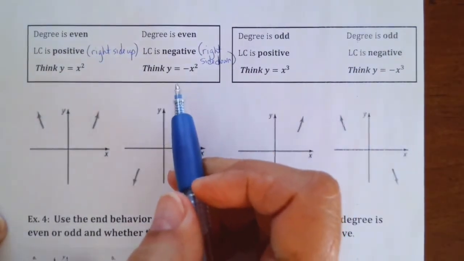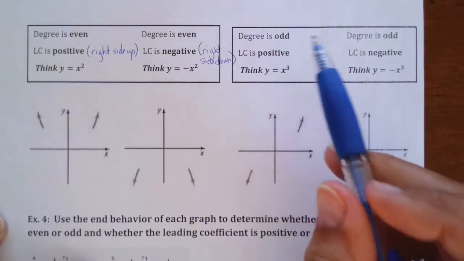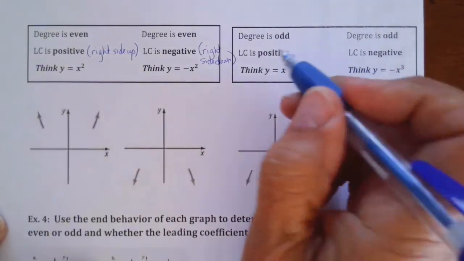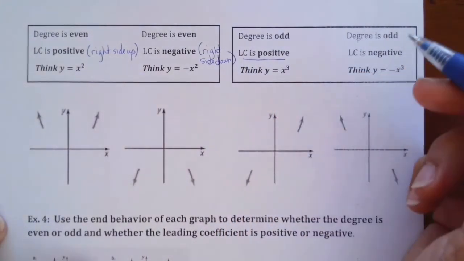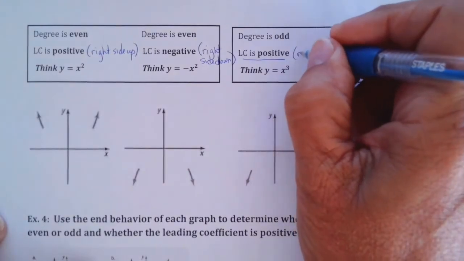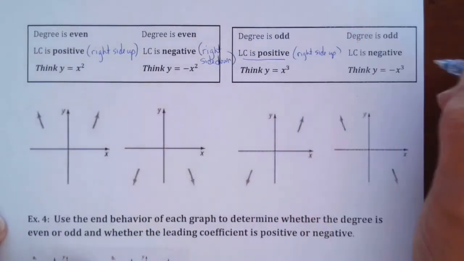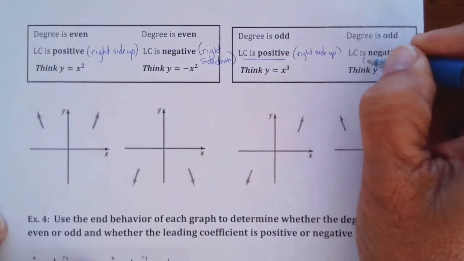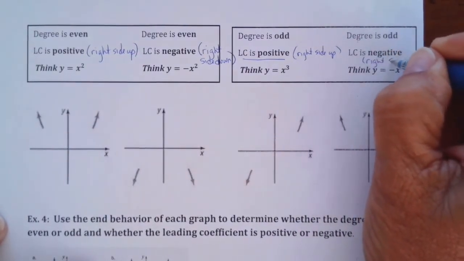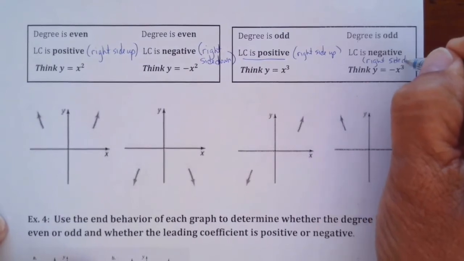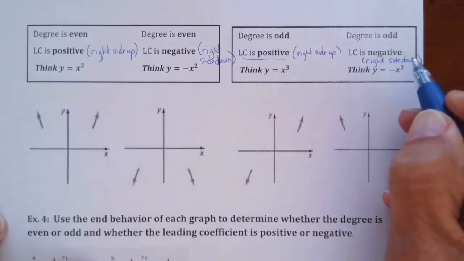Okay. Then, basically the same thing. This never changes. So if the leading coefficient is positive, then right side up. And if the leading coefficient is negative, right side down. So I always look at that first because I want to know what the right side's doing.